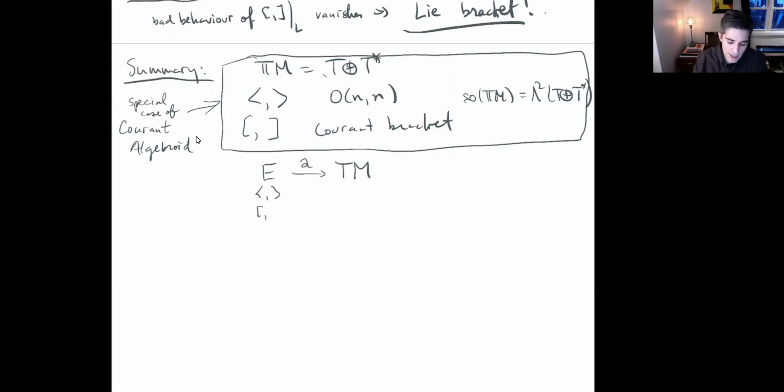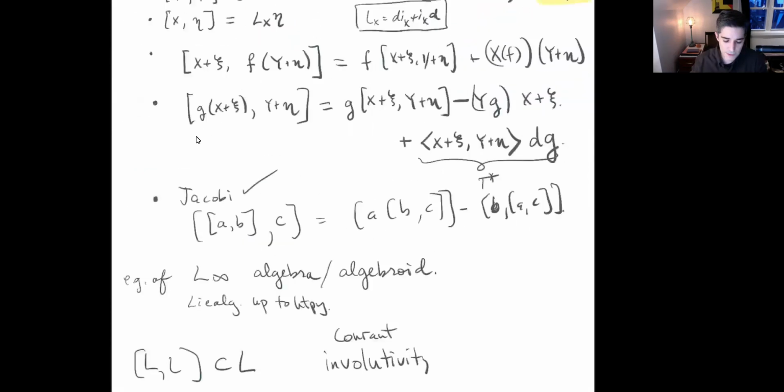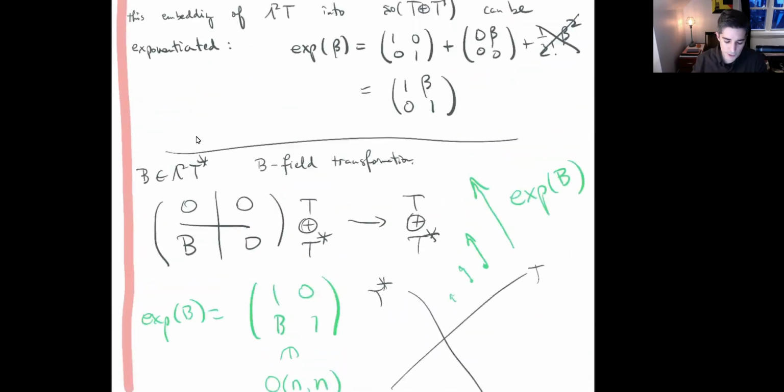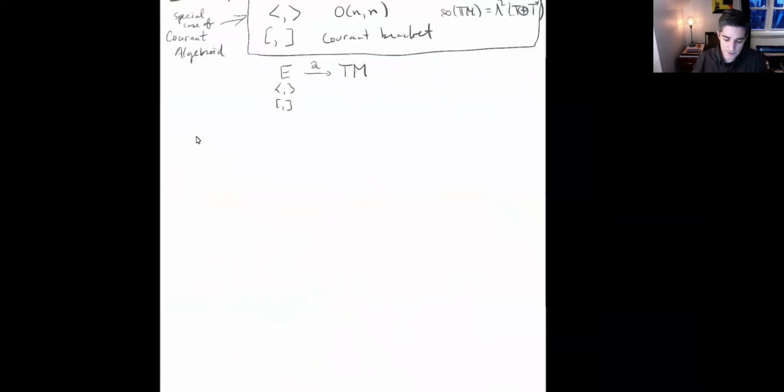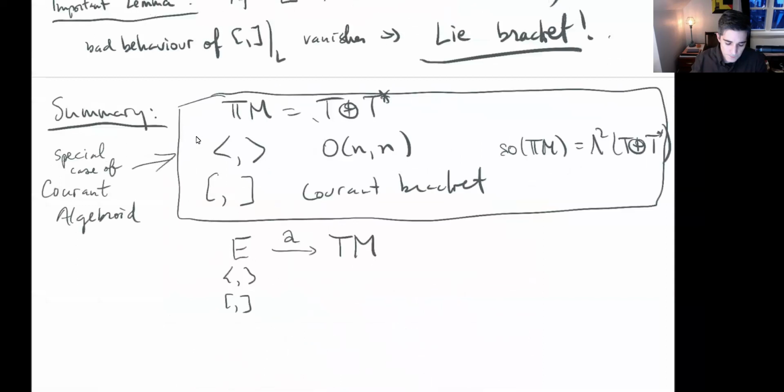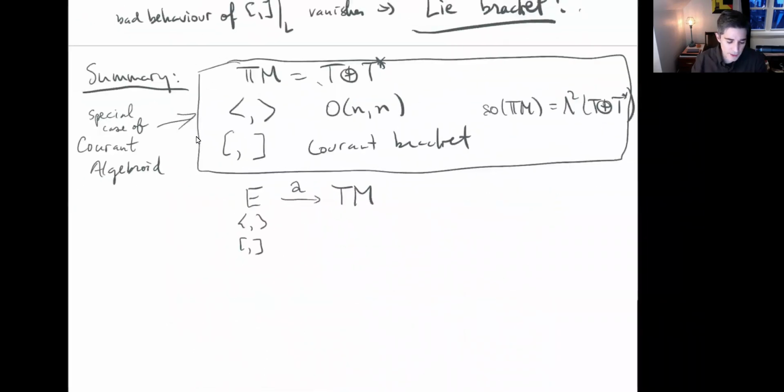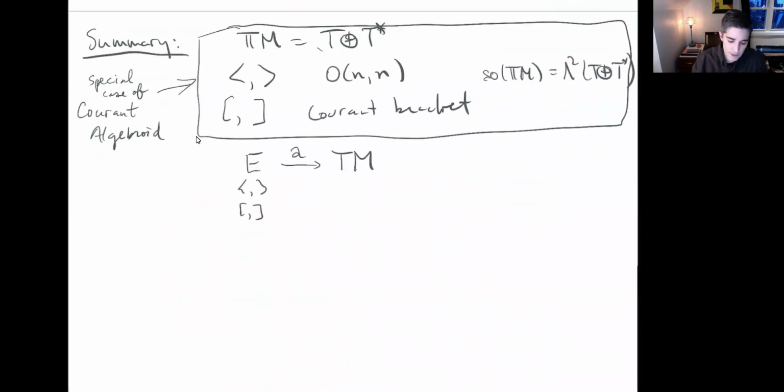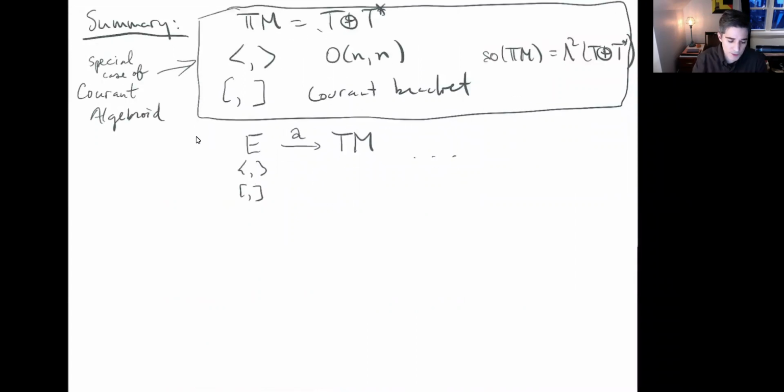It should have a bracket. This should be bracket preserving, and it should satisfy some laws, like the laws that I wrote above here. So this is a special kind of Courant algebroid. I won't go into detail about that. Then we introduce the geometric structure, a generalized complex structure.